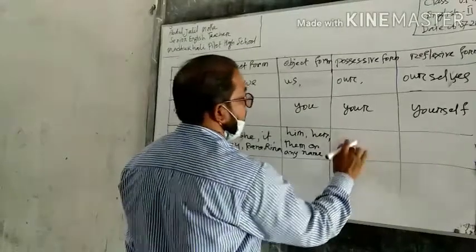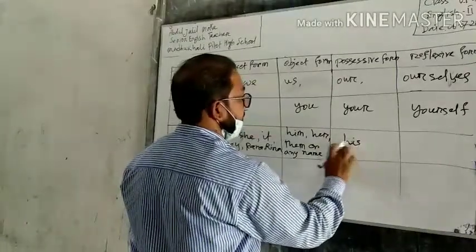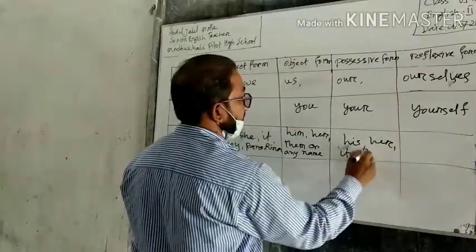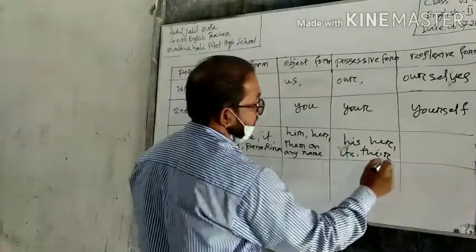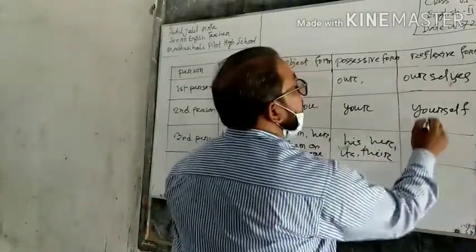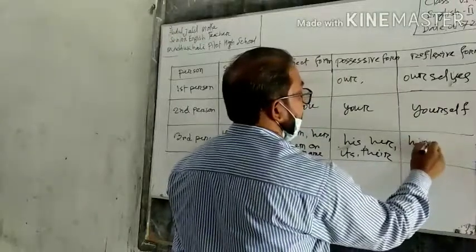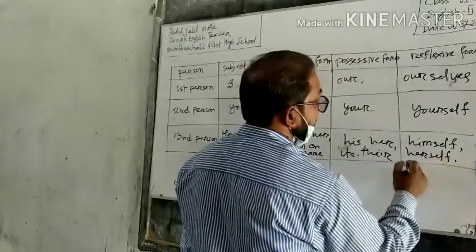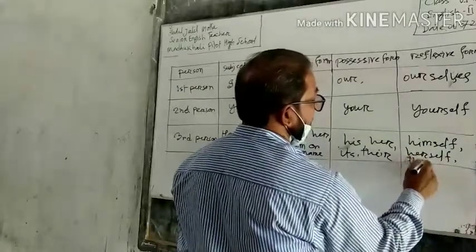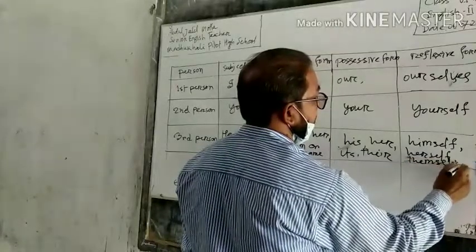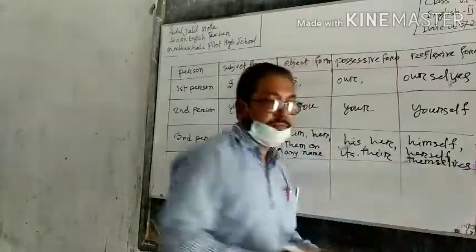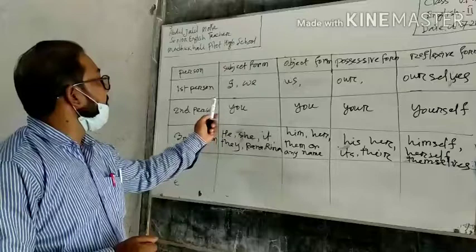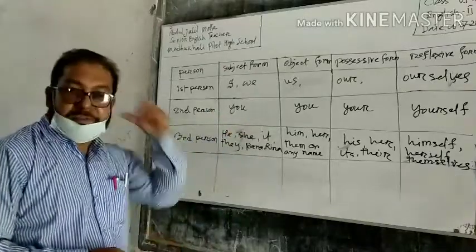Possessive form: his, her, its, their. Okay? Reflexive form: himself, herself, themselves, etc.